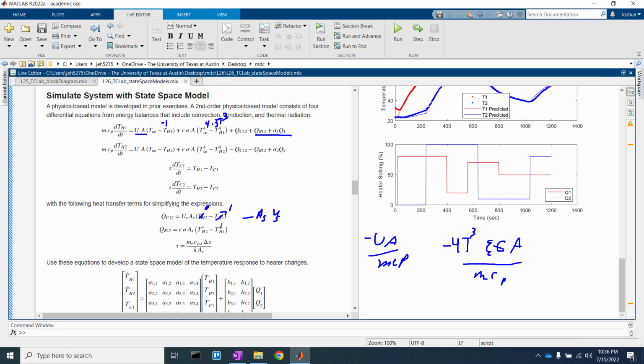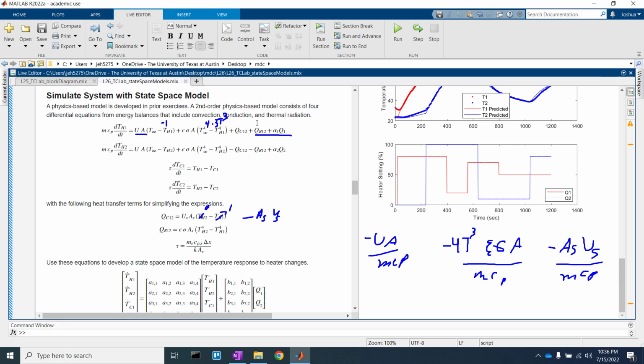Oh yeah, my bad. We do have a TH1 right here too. So first our QC12 is going to have a negative AS US over MCP again. You can see a pattern with this, M divided by MCP.